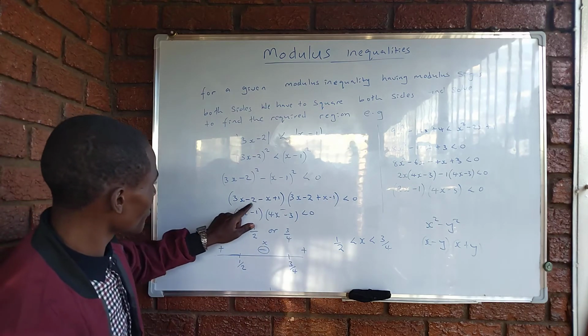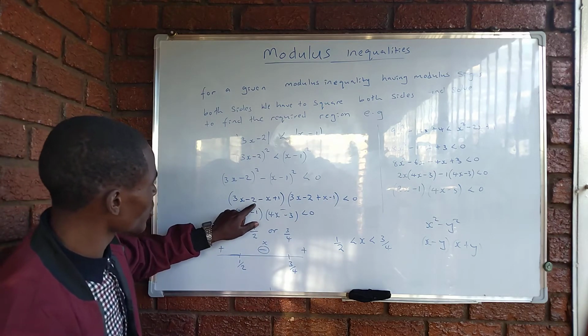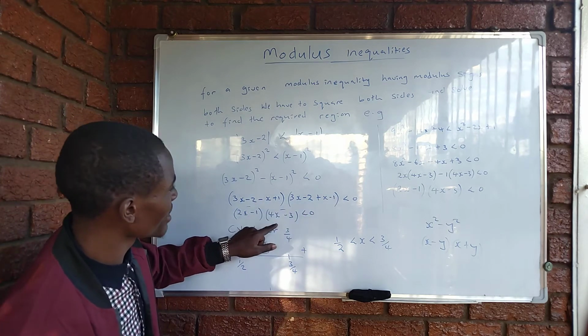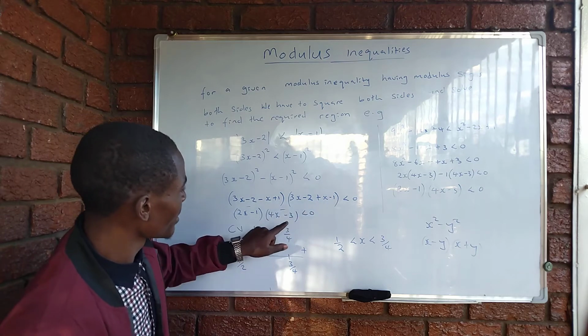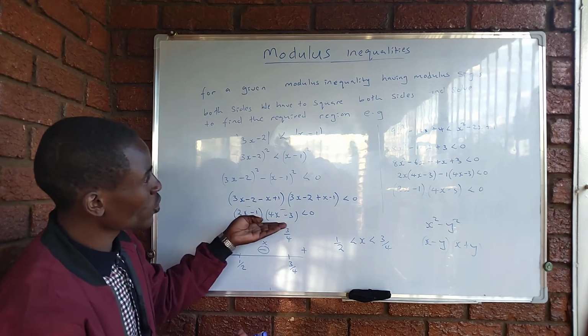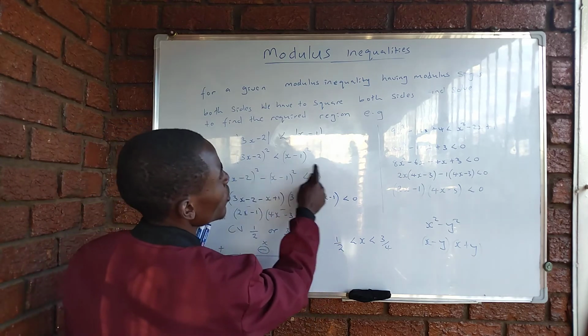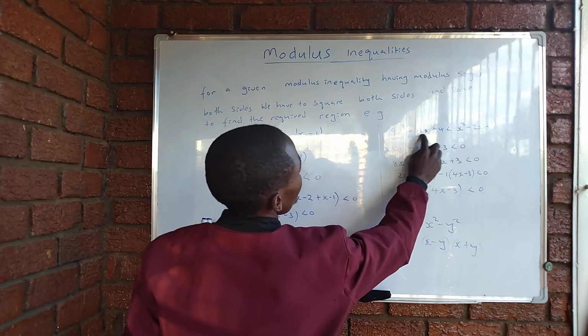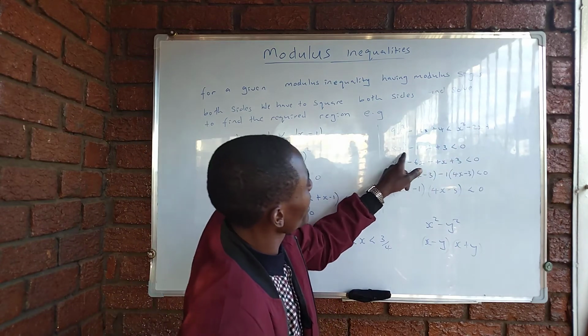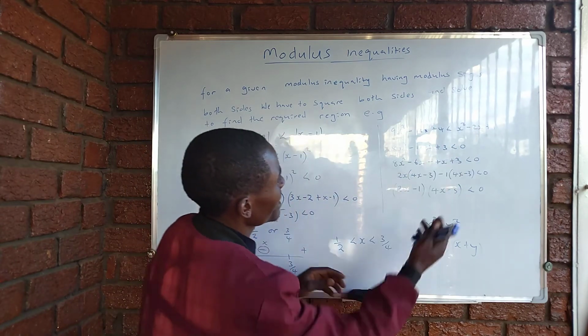So 3x minus x is 2x, minus 2 plus 1 is minus 1. Then 3x plus x is 4x, then minus 2 minus 1 is minus 3, right? No problem. You could also expand it, and overall you get 8x squared minus 10x plus 3 less than 0, right?